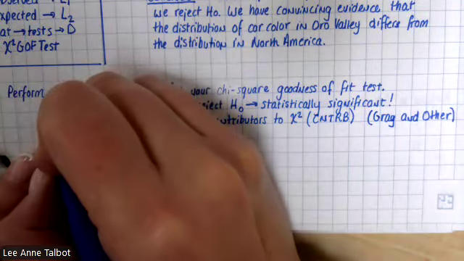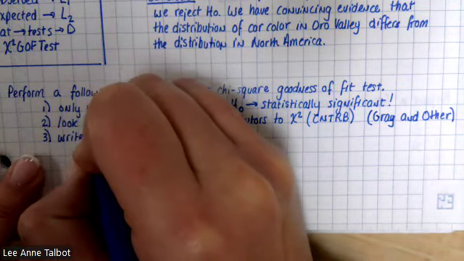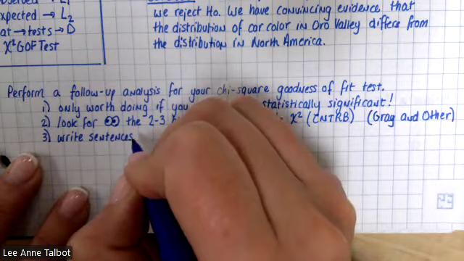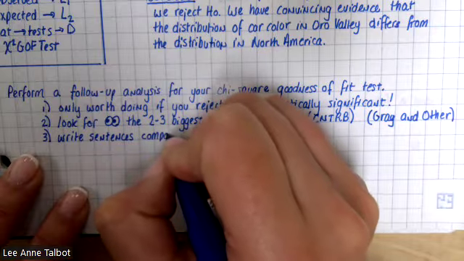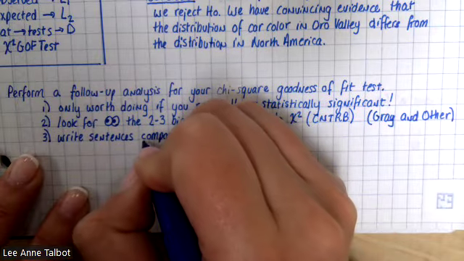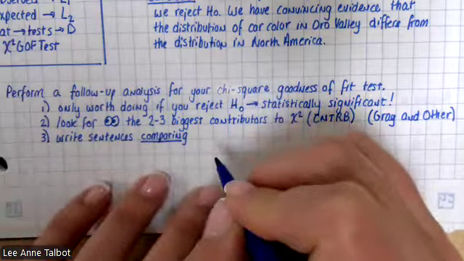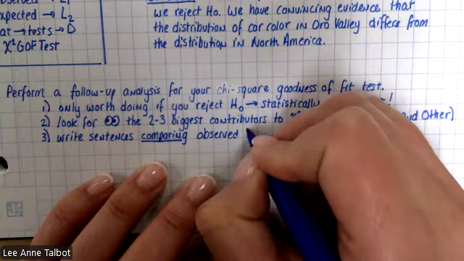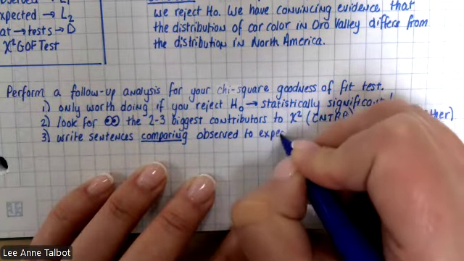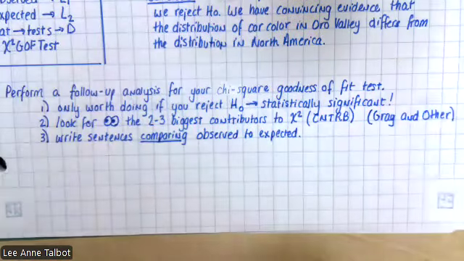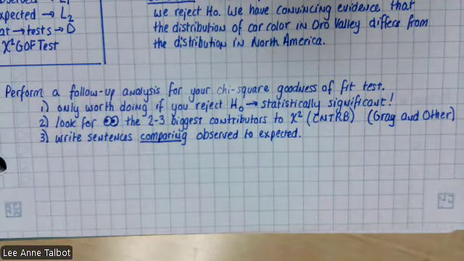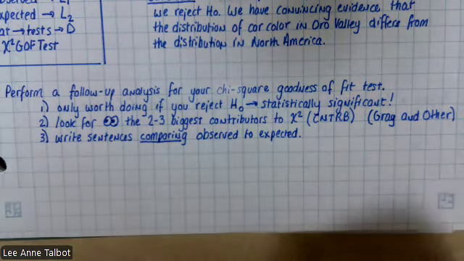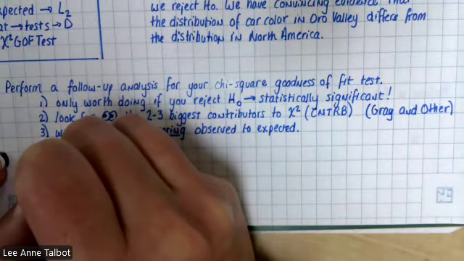Okay, and then you're going to write a sentence for each one of those, comparing the observed amount to the expected amount. Okay, let me give you an example. Gray.